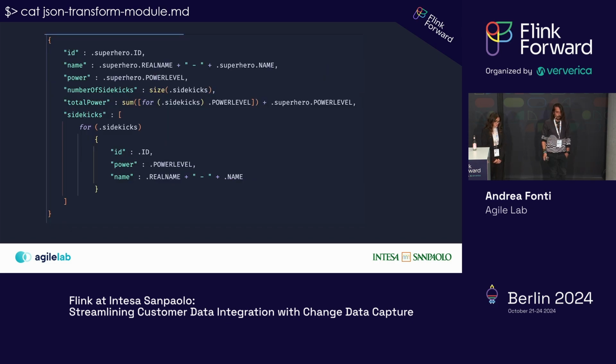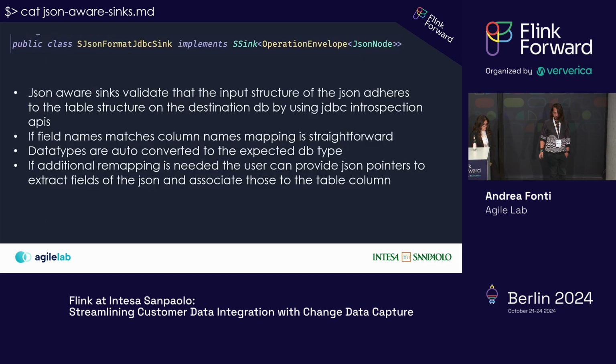This is how a JSLT transformation looks like. Here we are joining two tables and doing some sums or length of our inner array. So we have n sidekicks for each superhero. And the JSLT structure closely mimics the document that will get written on MongoDB or on another document database. Quite flexible, we like it.